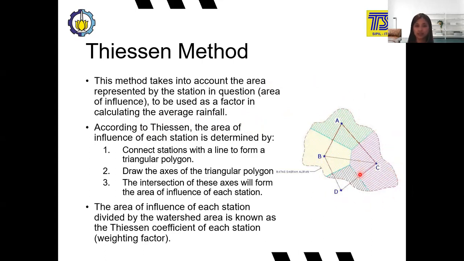As you can see, in one watershed, they divided it into different areas. According to Thiessen, the area of influence of each station is determined by first connecting stations with a line to form a triangular polygon.